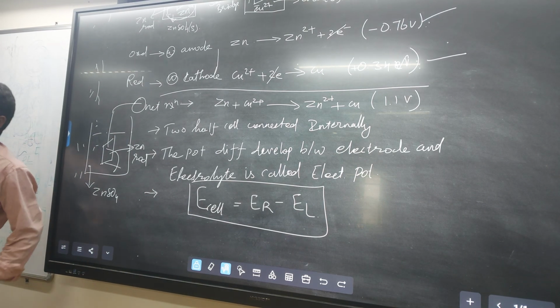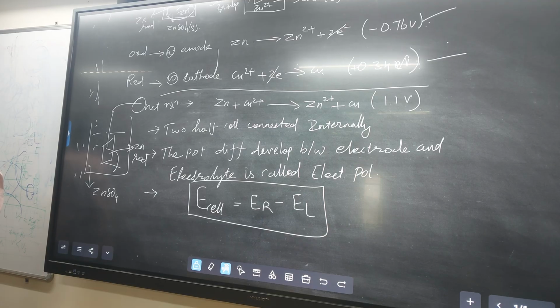E cell is the reduction potential of the cell. On the right side is the cathode, reduction, and on the left, oxidation.